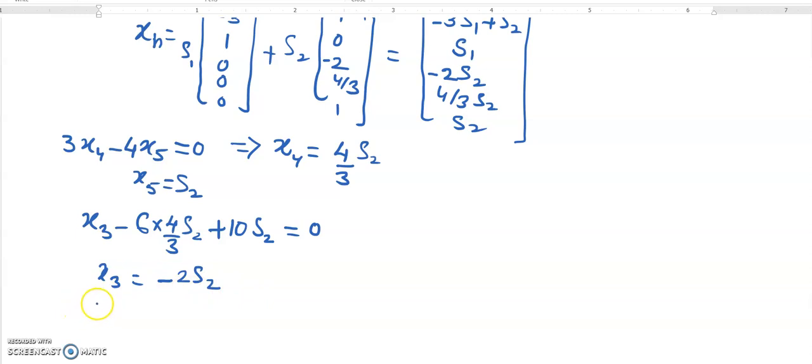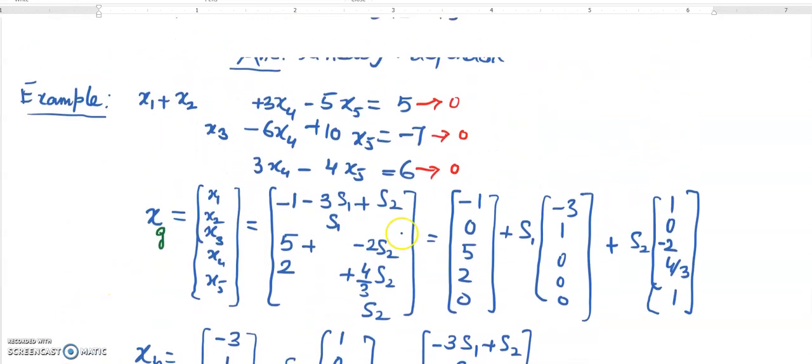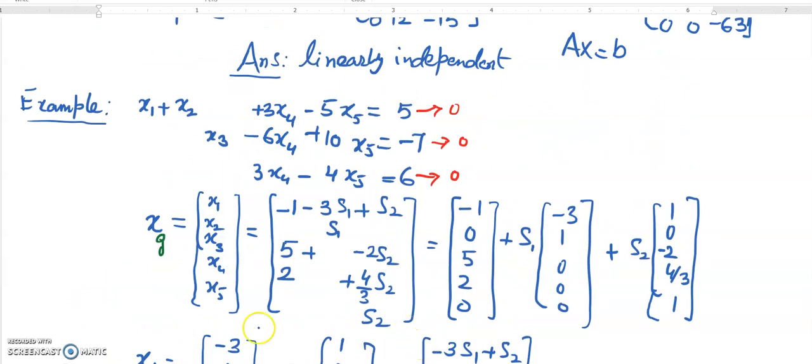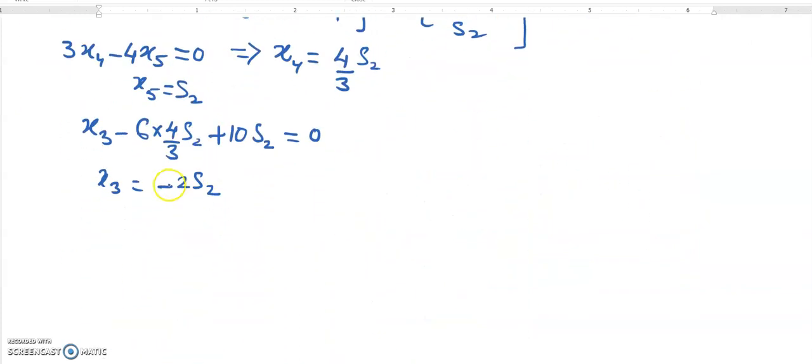And from the first equation, x1 plus x2 plus 3x4 minus 5x5 is equal to 0. So x1 plus x2, but now we will take x2 is equal to the first free parameter, that is s1, and then plus 3x4, x4 was 4 by 3 s2, and minus 5x5, 5x5 was s2, and that is equal to 0.